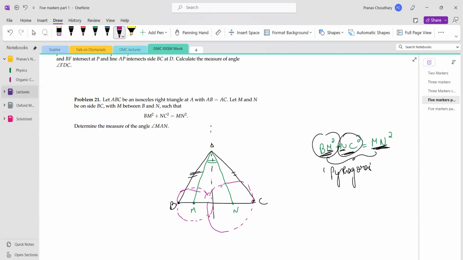Let's call that point X. Now, MX equals to MB and NX equals to NC. So this implies MX squared plus NX squared equals to MN squared. So this angle here is 90 degrees, right?